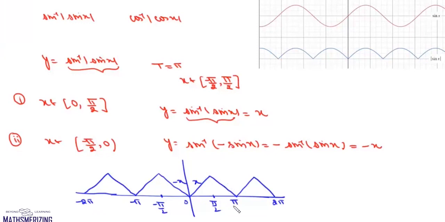Now for this part between pi by 2 and pi, the definition will be minus x plus pi, here it will be x minus pi, here it will be minus x plus 2 pi, this one is going to be x plus pi, here it will be minus x minus pi. So this is how we can draw the graph of sine inverse of mod sin x, and we can also write its definition.